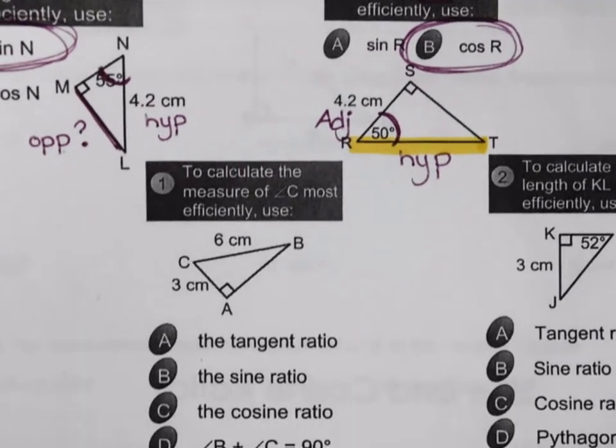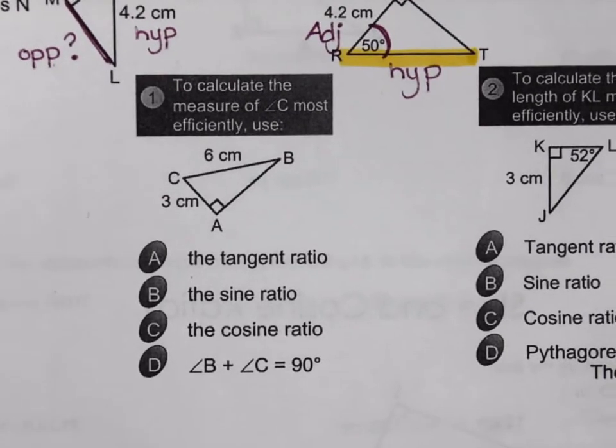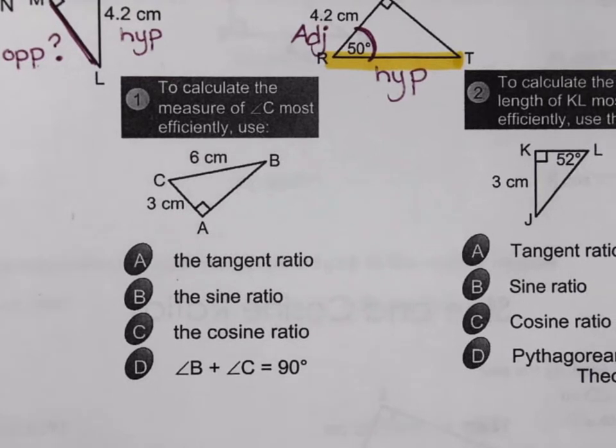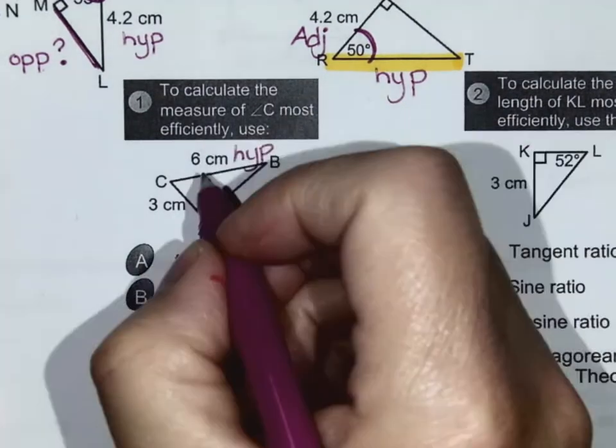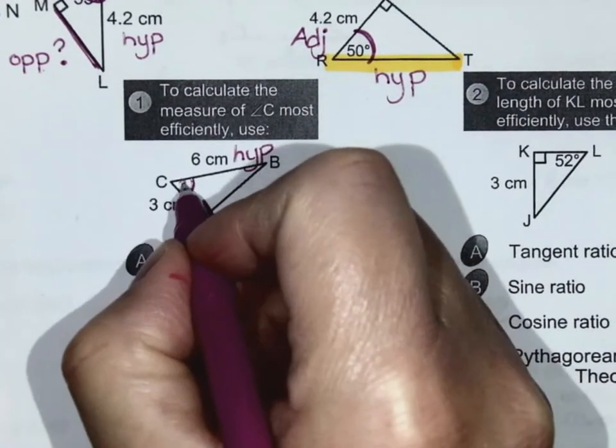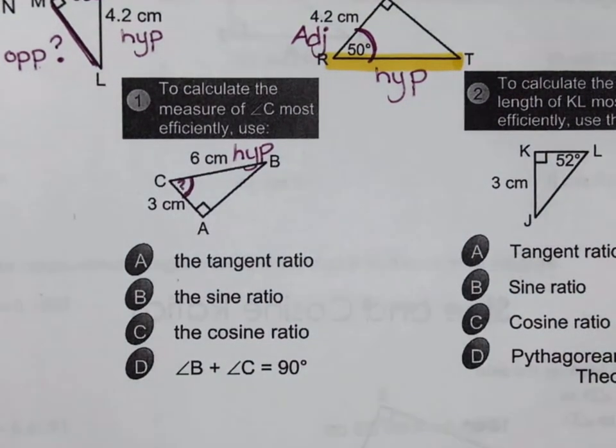Okay, we're going to do this again. I have a side that has a side length of 3 and I have a side length of 6. What side length does 6 represent? Hypotenuse, opposite, or adjacent? Hypotenuse. Okay, we're trying to find angle C. What side length does 3 represent?